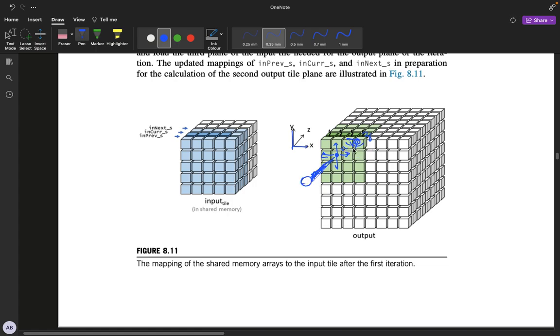But since the data reuse in the z plane is not that much, this thread needs just access to these two threads. This thread requires access to just these two data points from the other planes.